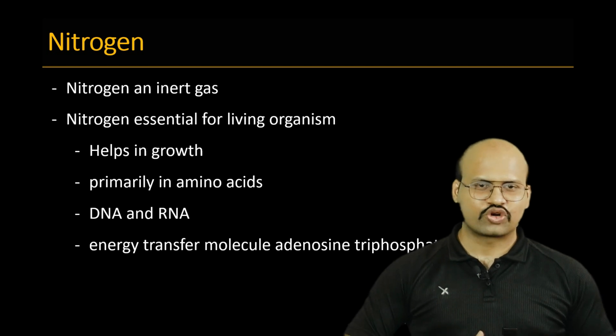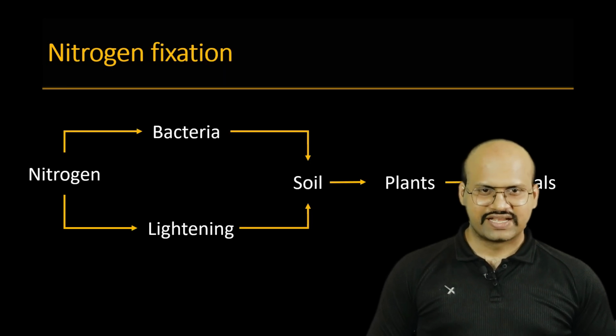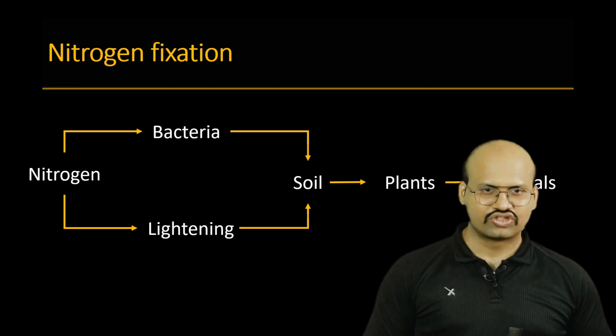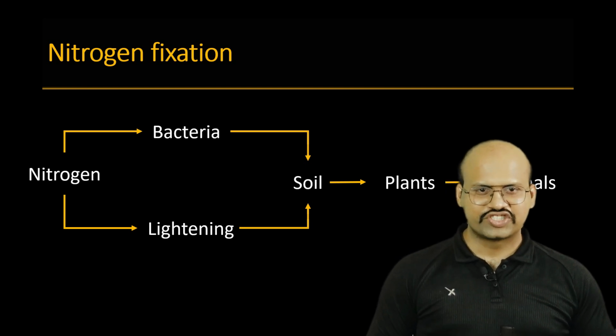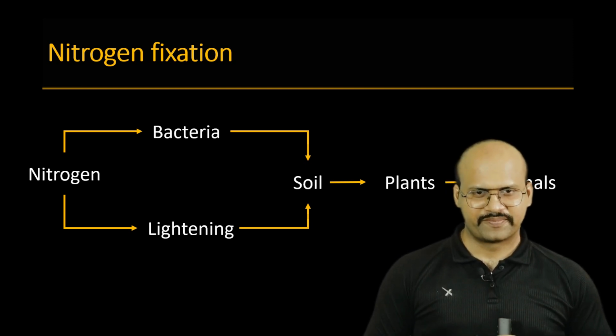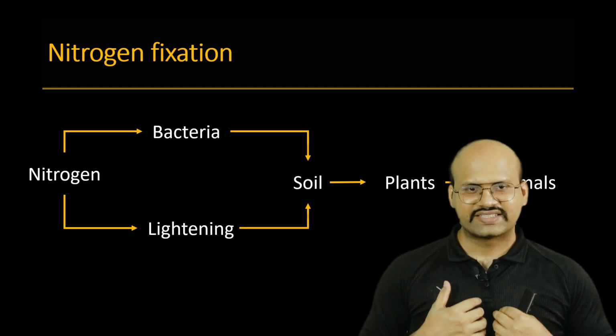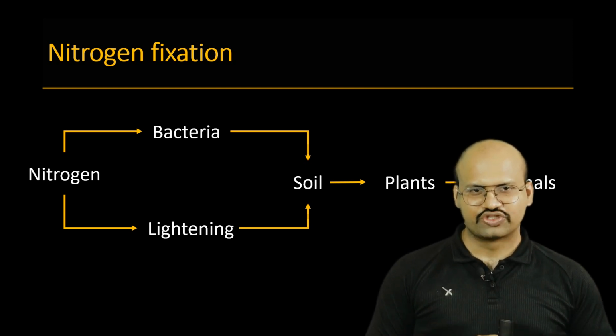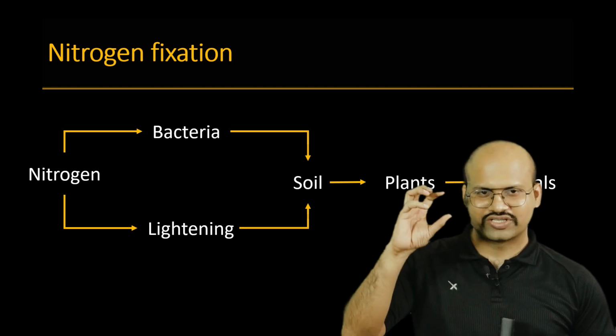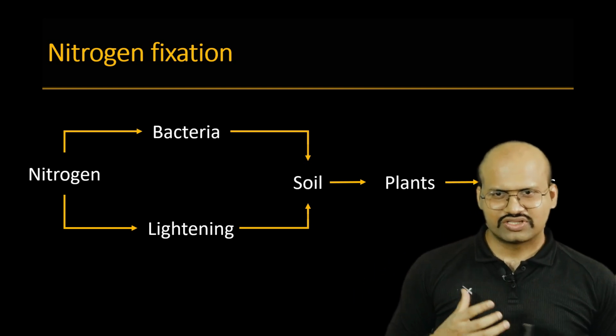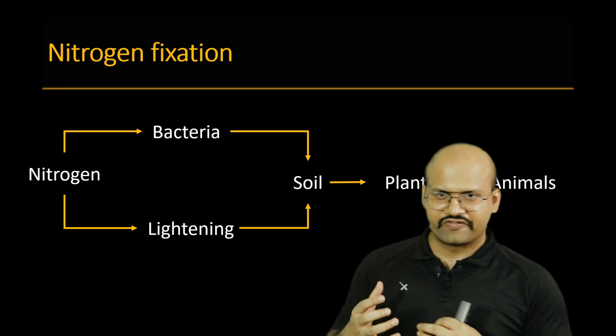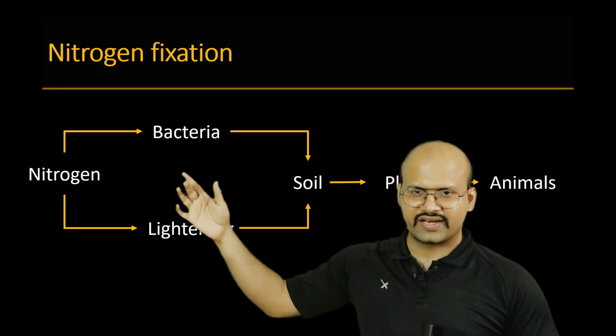Now, why is nitrogen fixation important? We have seen that there are certain bacteria on the root nodules or in the soil which remove nitrogen from the atmosphere. The reason is that we as animals cannot directly consume nitrogen from the atmosphere. So this nitrogen must be first fixed. It is fixed by bacteria or lightning.